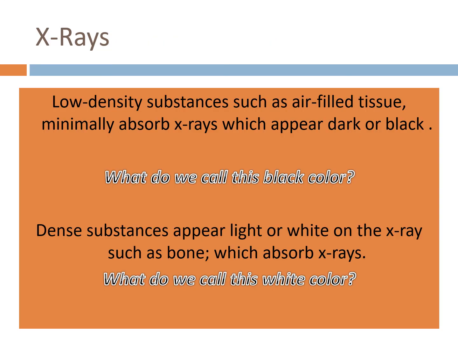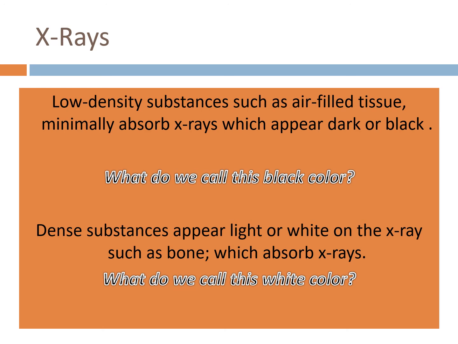So as we try to identify structures on the X-ray, low density substances like air are going to appear dark or black on an X-ray. That is called radiolucent. So we call that black color radiolucent because you're able to kind of see through it.